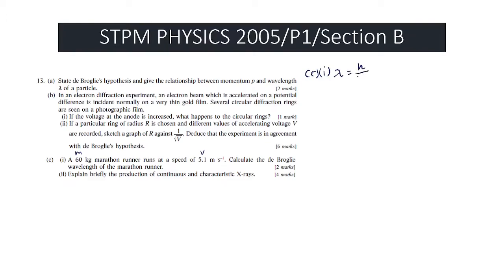Lambda equals h over mv, and this h is the Planck constant given by 6.63 times 10 to the negative 34, and now mass is 60 and 5.1.